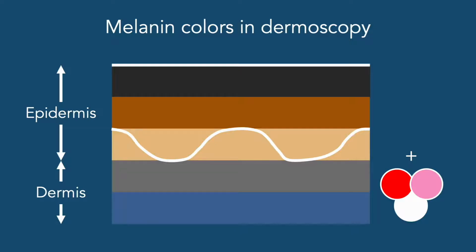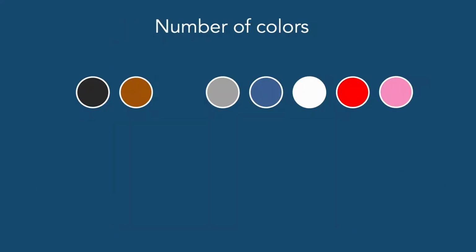Now we also have additional colors in dermoscopy in the dermal structures, giving us reds, pinks, and whites if it's fibrosis or different vessels. Then, of course, the more of this we see and the more colors we see, the more likely it is going to be a melanoma that is invasive. So the number of colors does influence our prediction.